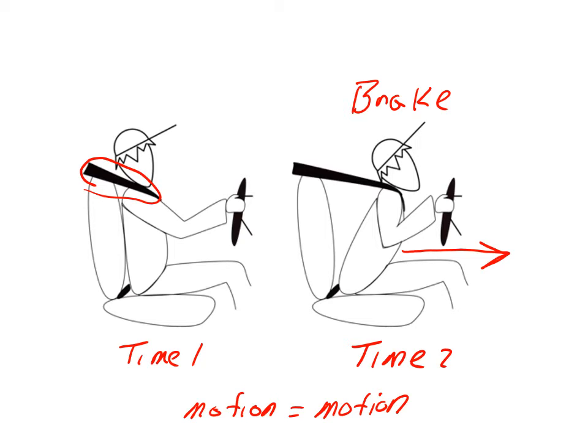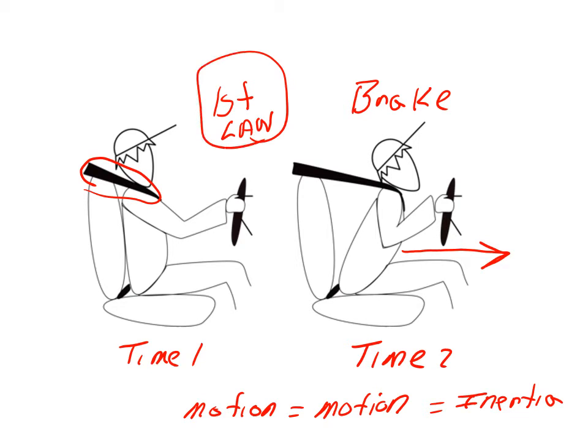What's happening then is we have inertia. And inertia, of course, is an example of the first law of motion. So this picture here would be the first law of motion.